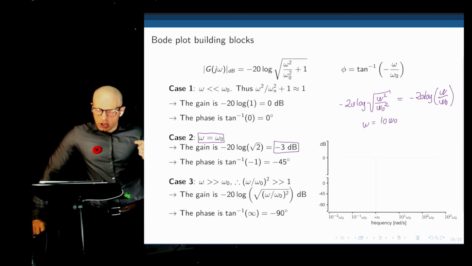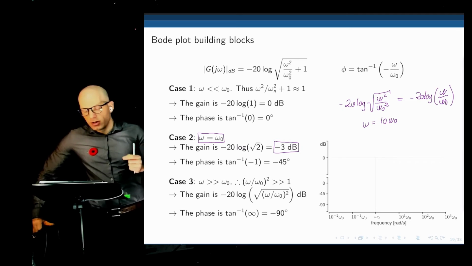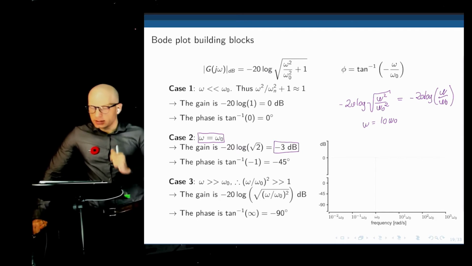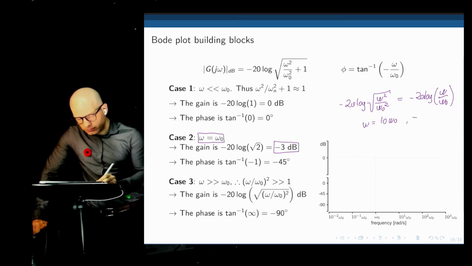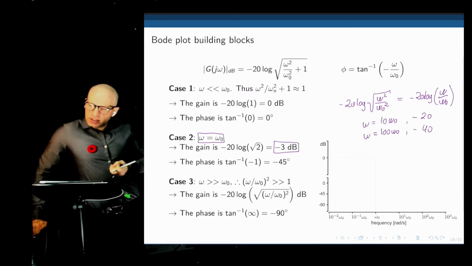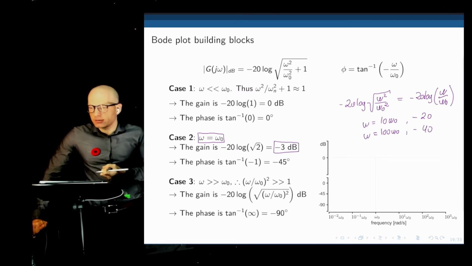It is 20 log of 10 omega 0 divided by omega 0. That's negative 20 log of 10, negative 20. If you take a frequency that is 100 times greater than omega 0, we get negative 40. If you take a frequency that is 1,000 times greater than omega 0, we get negative 60.